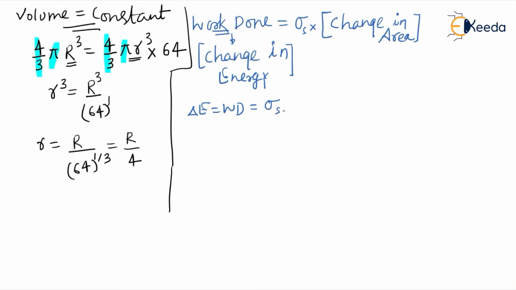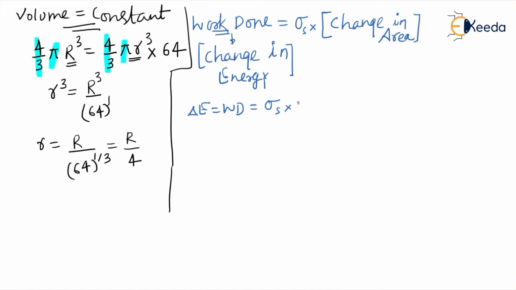Surface tension is sigma s multiplied by, now what will be the change in area? So the change in area can be calculated as, what is the greater area now? Which area is greater? We know that once the droplets are split up, the area will be a greater one.